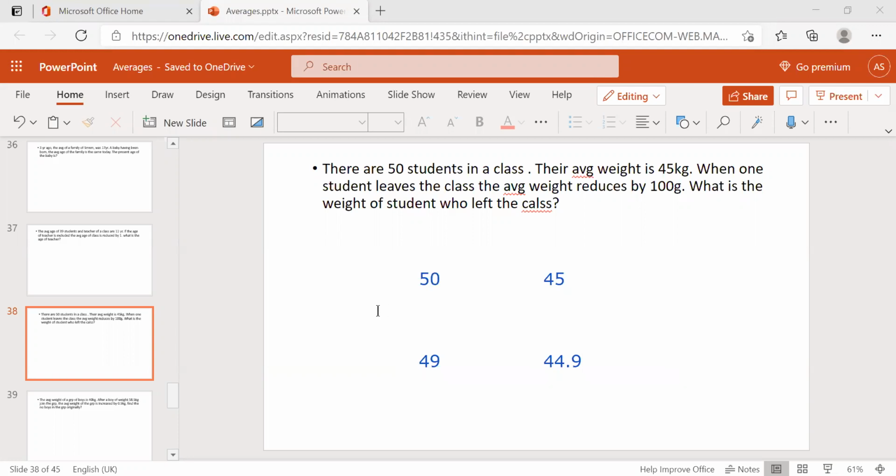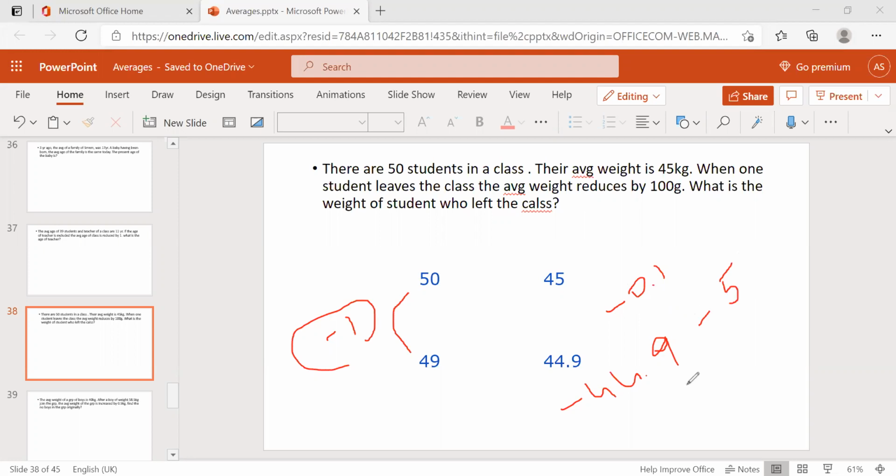Now, the same thing. What are we doing here? It is minus 1 and it is minus 0.1. Now, this is going to be multiplied with this. That is nothing but minus 44.9. 44.9 minus 0.1 into 50, it is nothing but 5.